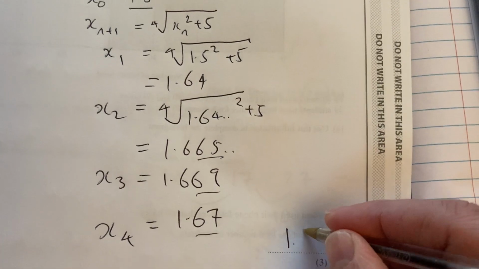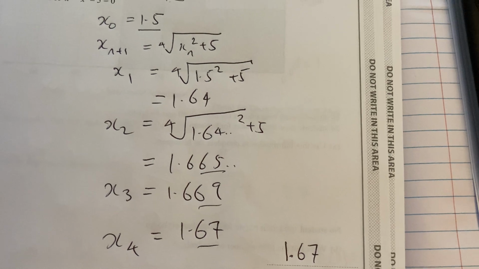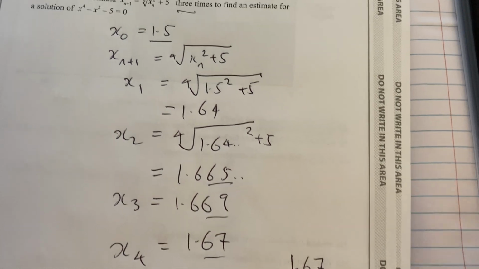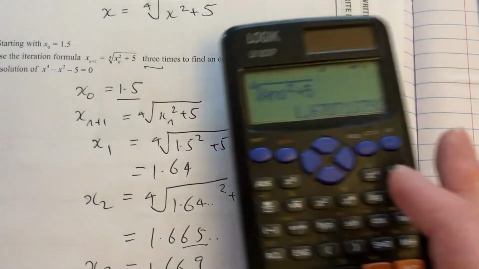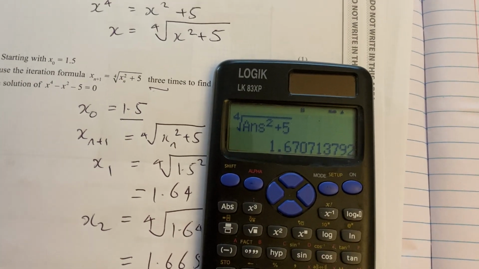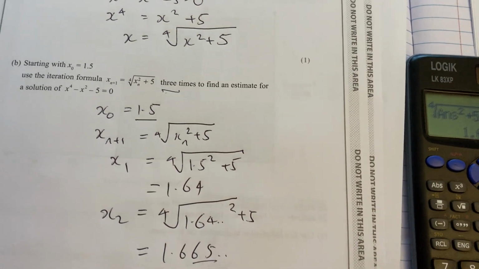So I'm going to put 1.67 to get us those marks. But if they wanted a very specific one, then I would go back and say, enter this one here, 1, 2, 3, and get that exact answer.